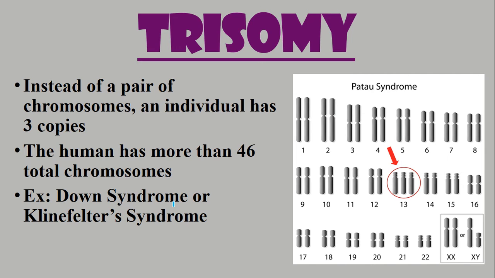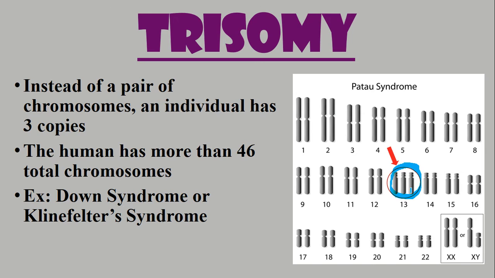Trisomy, instead of having a missing chromosome this time, this means you have an extra chromosome, or instead of having a pair, you have 3 copies. If you look at this karyotype to the side, we already have it circled here, but this person, for Patau syndrome, I think that's how you say it, don't quote me on that, they have 3 chromosome 13s.